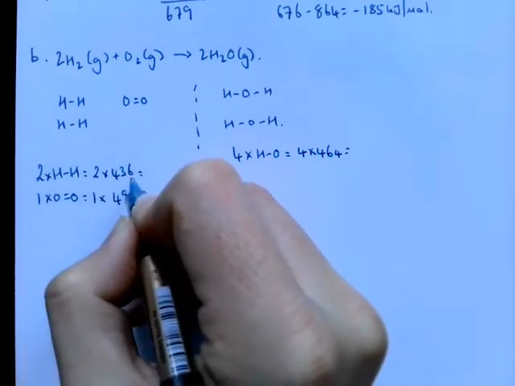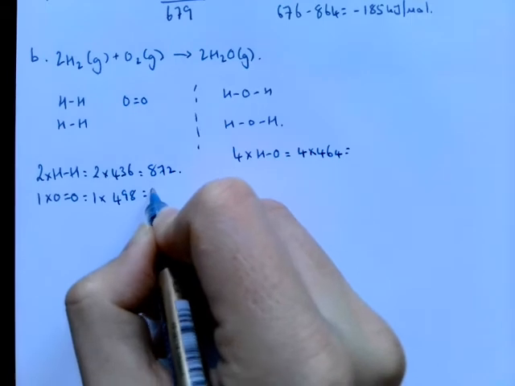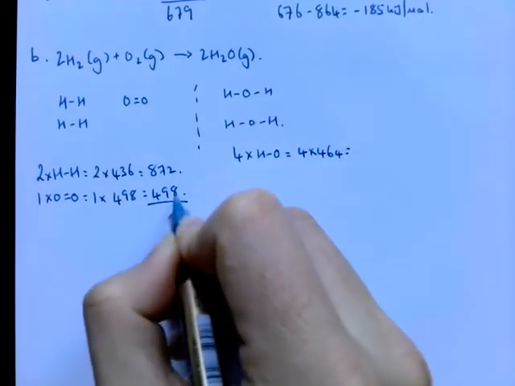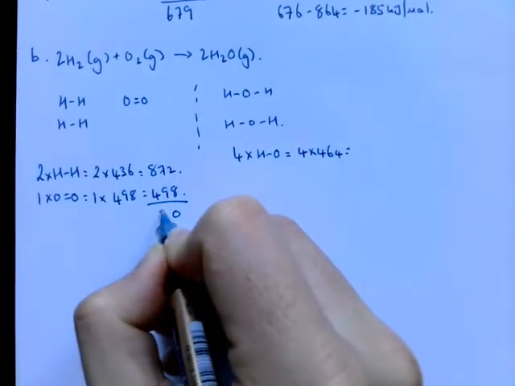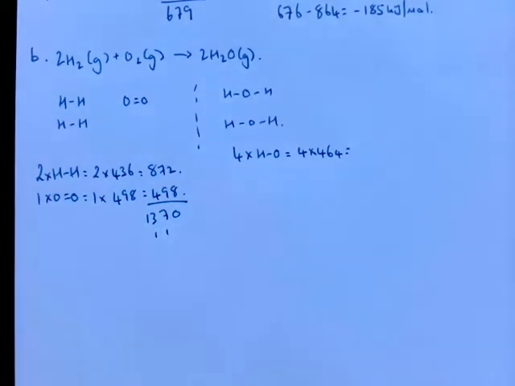So 2 times 436 is 872. That's 498. If I add those up, I get 1370. And 4 times 464, I don't have to use my calculator for that. 4 times 464 is 1856.